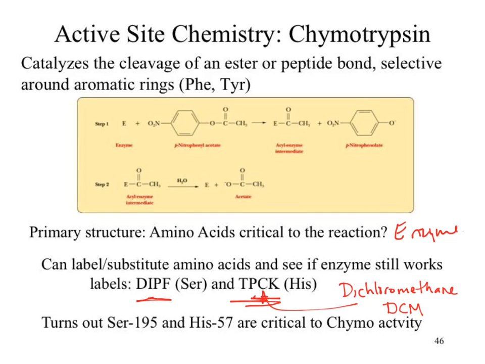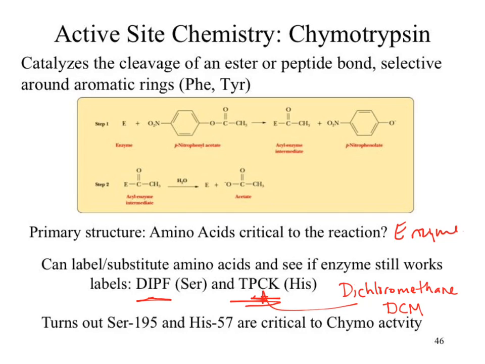What we ended up finding out by using these labels is that serine 195, the serine at position 195 in our amino acid sequence, and histidine 57, histidine at position 57, are critical to the activity of the enzyme. If we mess with them by adding one of these tags, the enzyme loses its reactivity and can no longer function.